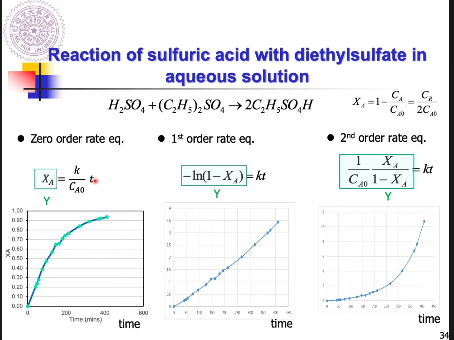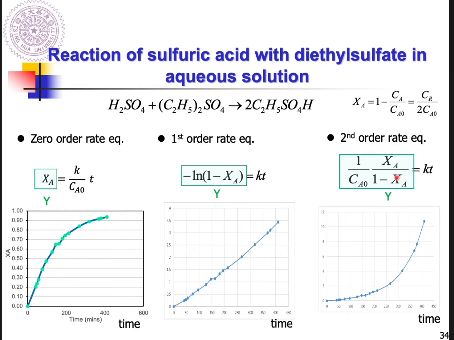We know XA as a function of t, right? Then we use this as y and this as x. Then we plot it, and this is not a straight line, so this reaction does not belong to zero order. And this is the particular form for first order. We input XA and t, then use minus log of 1 minus XA as the y-axis and t as the x-axis. I get a straight line.